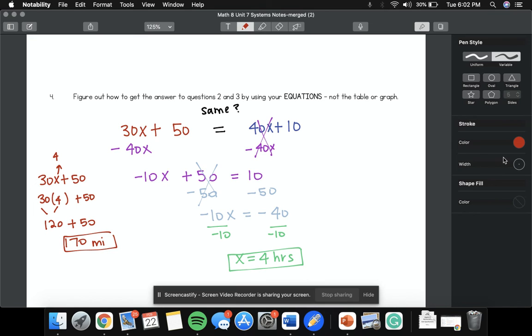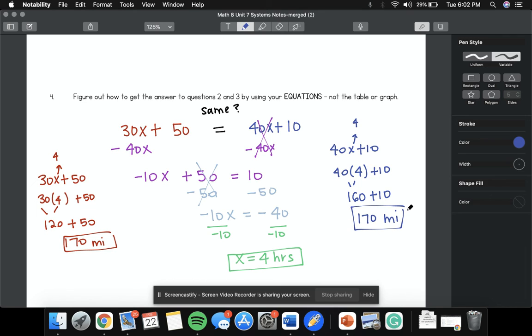Maybe you don't like the red car, maybe you like the blue car. So let's use the blue car. The blue car is 40x plus 10. But again, I just figured out that they intersect at 4, so I'm going to put 4 in for x. I'm going to multiply 40 and 4, get 160. 160 plus 10 is, oh my gosh, 170 miles as well.